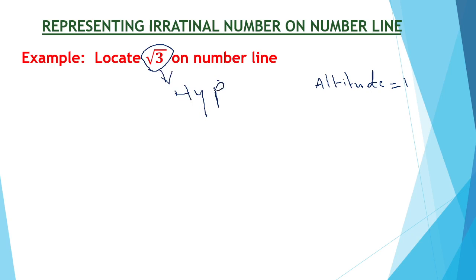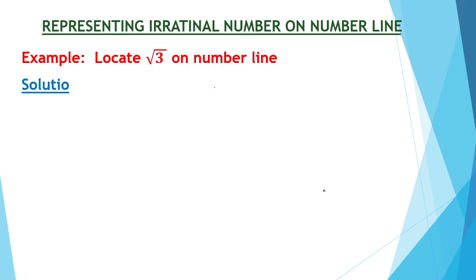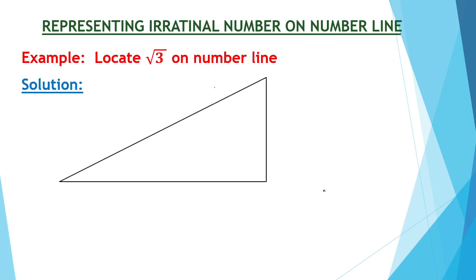I'm repeating the process I said previously. So I'm erasing all these indications. The solution is like this already. I have said we have to locate this root 3 here.